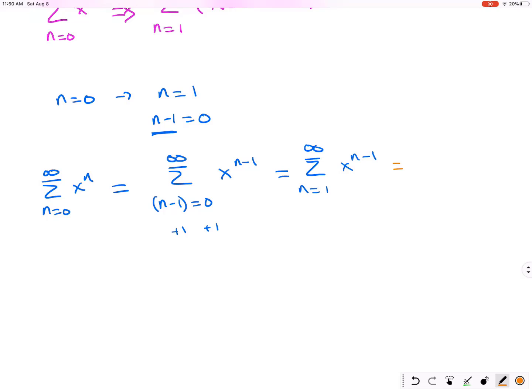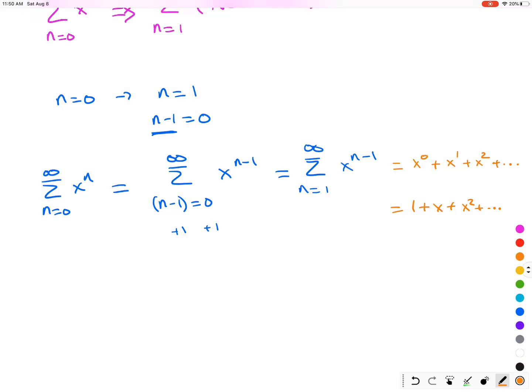Well, when n is equal to 1, I have x to the 1 minus 1, which is x to the 0th, plus when n is equal to 2, I have x to the 2 minus 1, which is x to the first, and then x squared, and so forth. And that would go on forever, right? And so this is then equal to 1 plus x plus x squared plus dot, dot, dot.